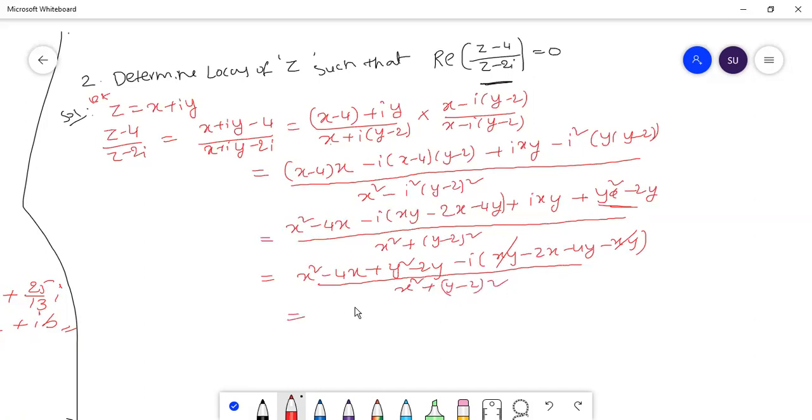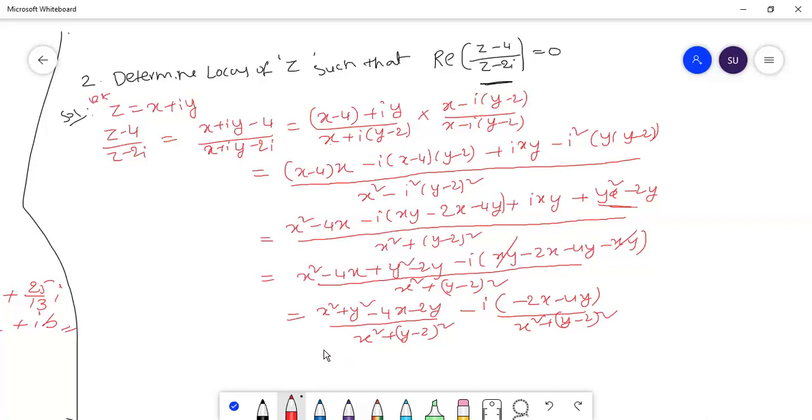Now separate again real and imaginary parts: that is (x square plus y square minus 4x minus 2y) divided by (x square plus (y minus 2) whole square). Next, this is the imaginary part. Let us take minus i into (minus 2x minus 4y) divided by x square plus (y minus 2) whole square. I have separated it into two parts.